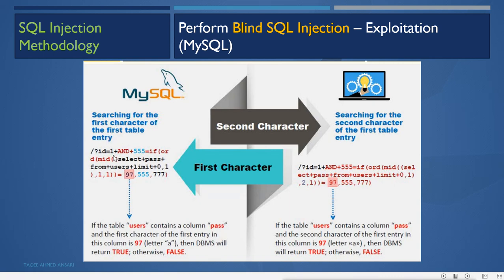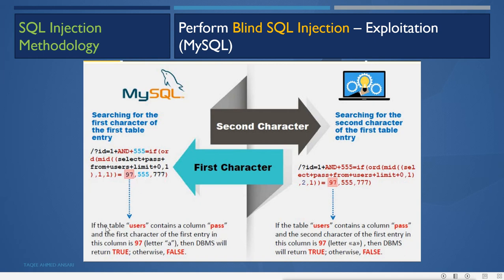For that it uses this query, where it is adding AND 555 is equal to IF, or LIMIT, select pass from user limit this, and it is equal to 97.